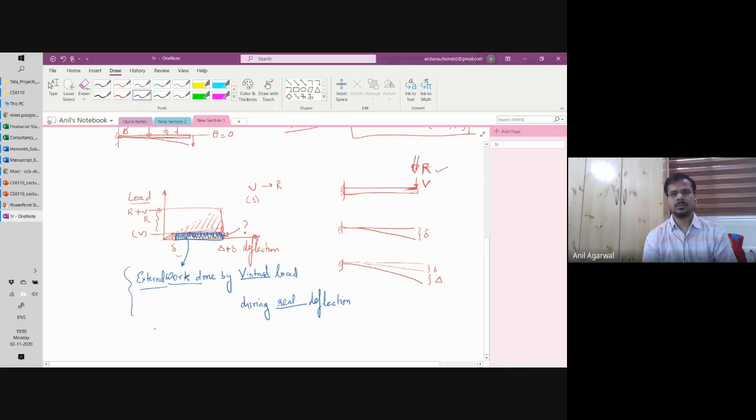And you calculate the same thing, internal strain energy, or strain energy simply.